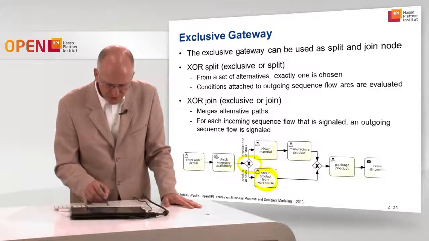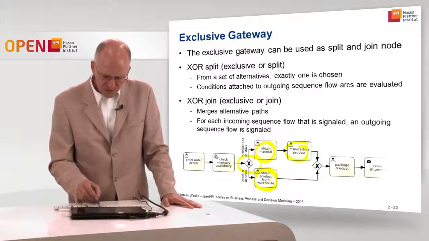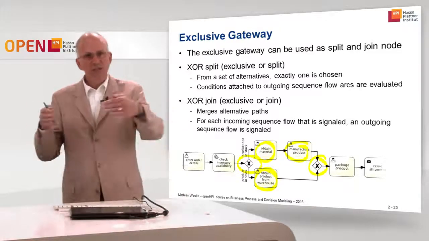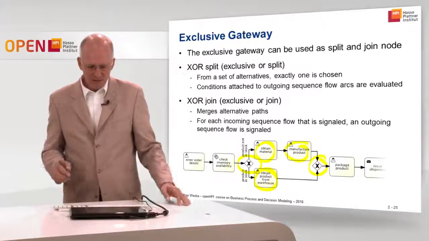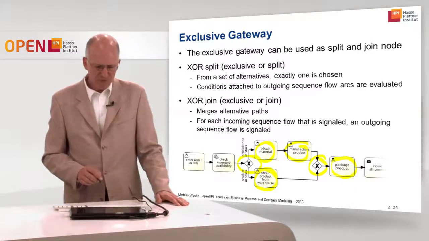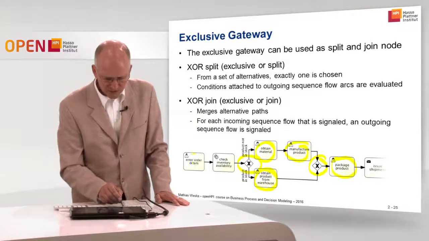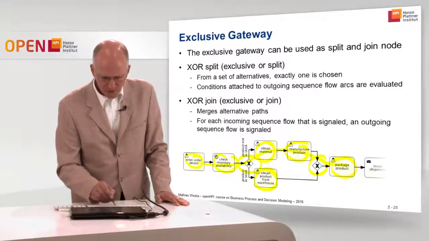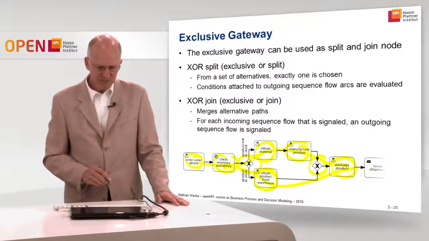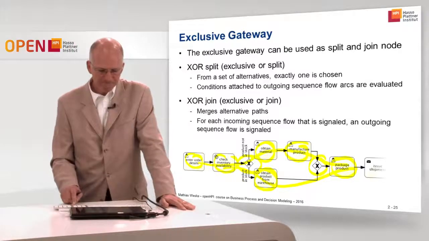If the product is not in stock, we first have to obtain the materials and then manufacture the product to continue the process. The XOR join then merges these two alternative paths again, so that in any case we package the product afterwards. Each process instance starts in the beginning, and it goes either the upper way or the lower way.